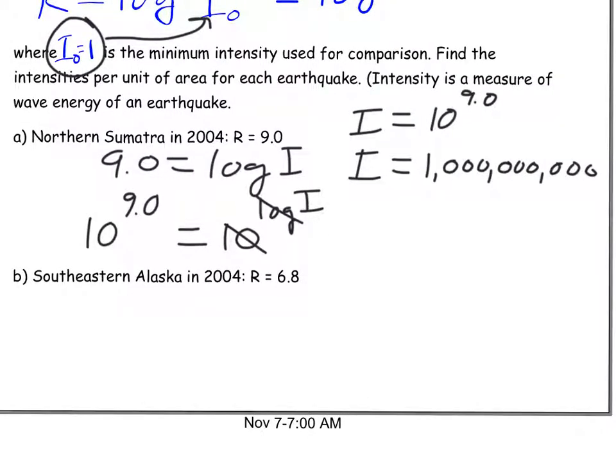Now for the Southeastern Alaska earthquake, it's going to look really similar because it's also on the Richter scale. But we would set up our equation just like that. Exact same step to solve it. Both sides of the equation have to be written as exponents with base 10.